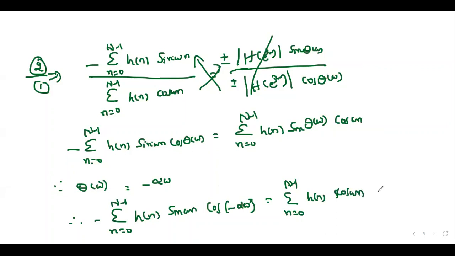Then sine theta of omega is equal to sine of minus alpha omega. Okay, here sine of minus alpha omega is nothing but it is minus sine.